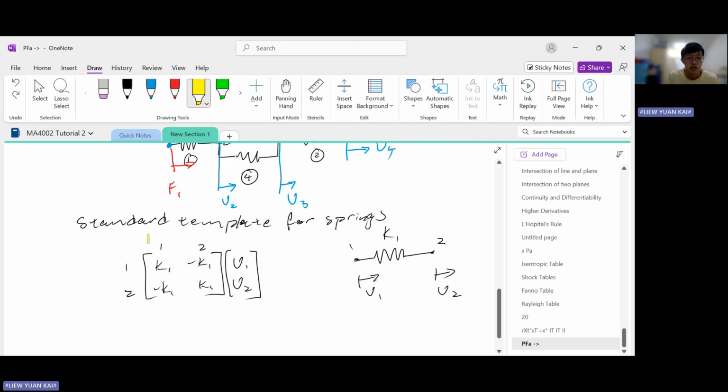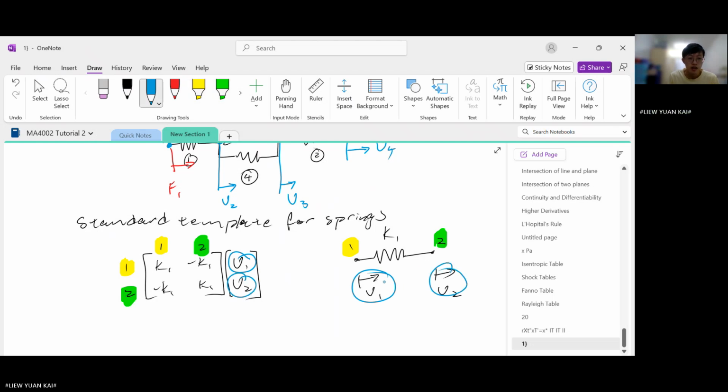They refer to the nodes. This 1 refers to node 1. This 1 also refers to node 1. This 2 and this 2 refer to node 2. u1 refers to this u1, u2 refers to this u2, and then the k1 that you see here refers to the spring constant of the given spring.